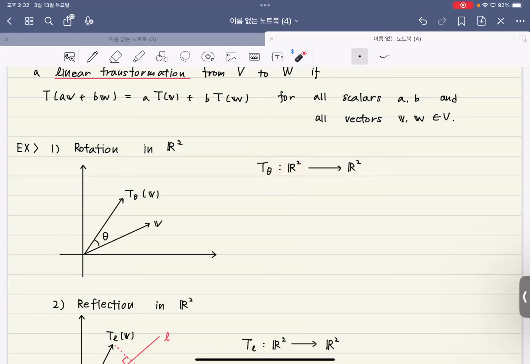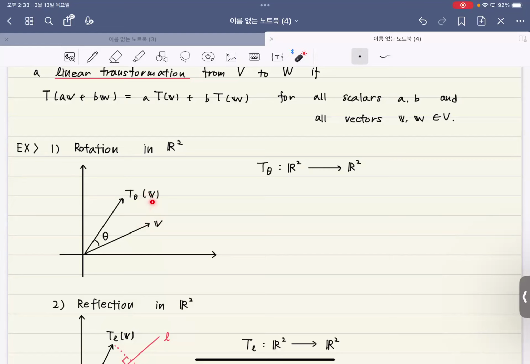And how is it defined? If you plug in any random vector v to this function, it is going to give you v rotated by theta radians counterclockwise. So this is T theta of v.